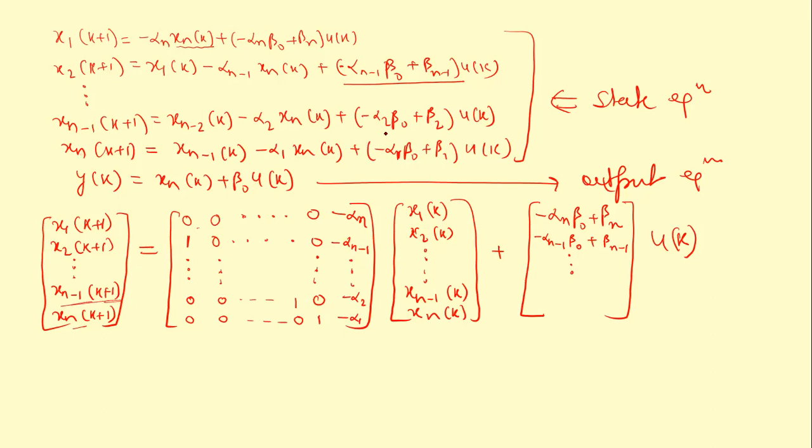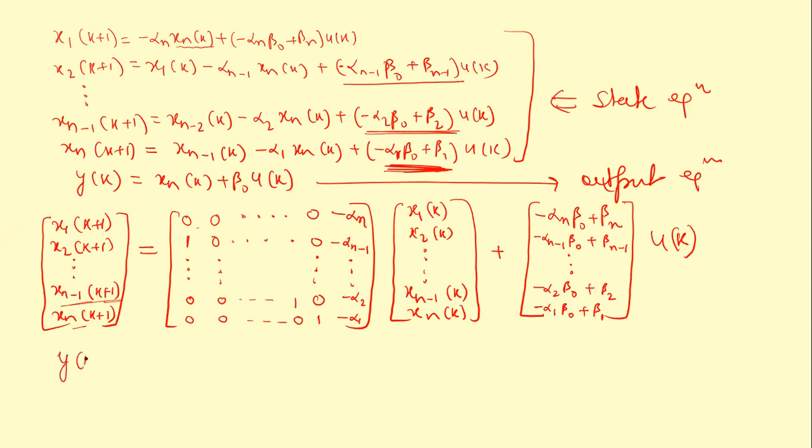Here we have this term, so minus alpha 2 beta naught plus beta 2, right? And then we have xn k plus 1, the last term. It has this term in the u, the control variable, so minus alpha 1 beta naught plus beta. We will write the output equation yk.